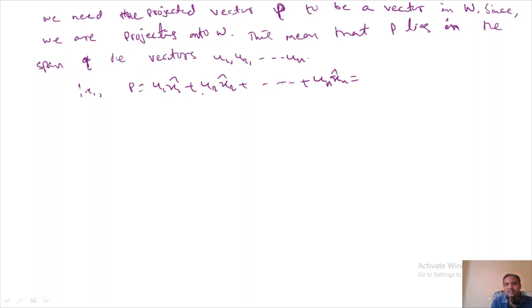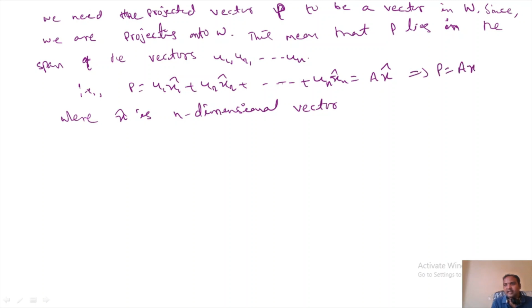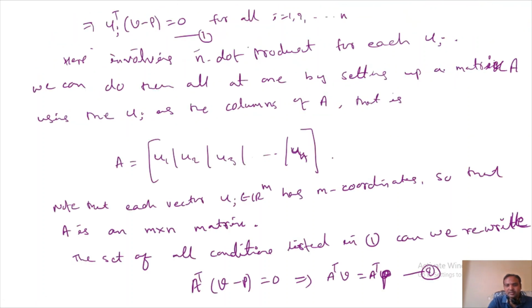This is the same as the matrix with columns u1, u2, ..., un times x hat, that is A x hat, where x hat is an n-dimensional vector. That means we write P equal to A x hat. Now from the second equation, A transpose V equal to A transpose P.